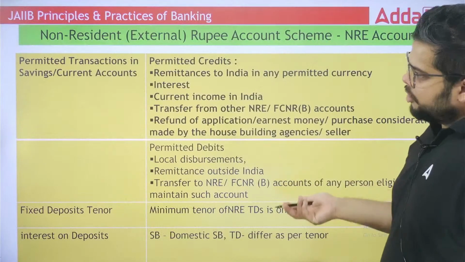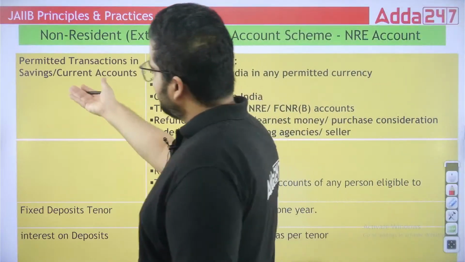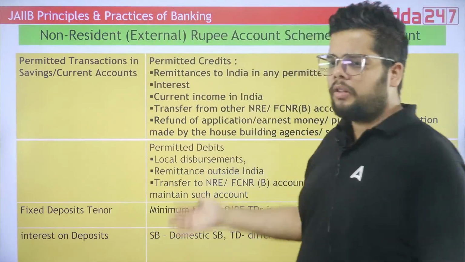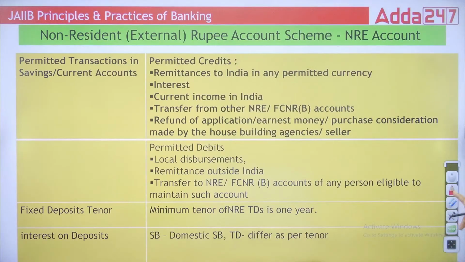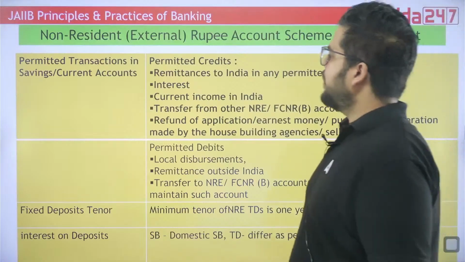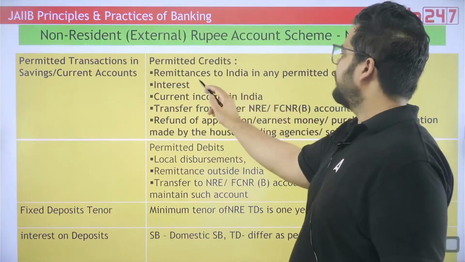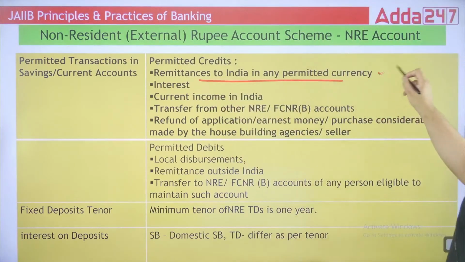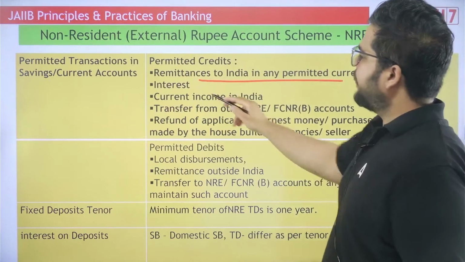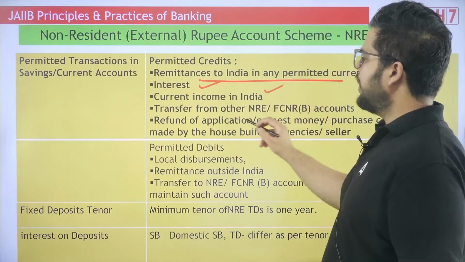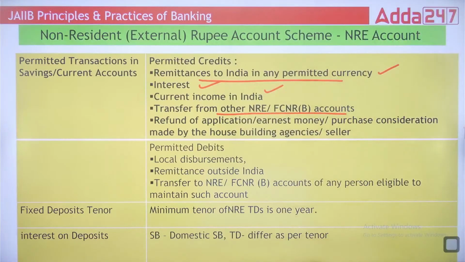Fine. When we talk about the permitted transactions in the savings or the current account, all those important parameters are being discussed here. Most importantly, what kind of remittances? Remittances to India in any permitted currency can be done. Interest payments, current income in India, and transfer from any other NRE or FCNR account can also be done.